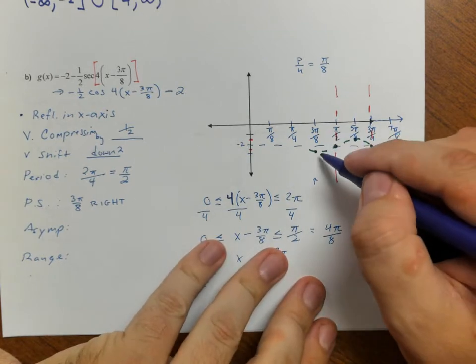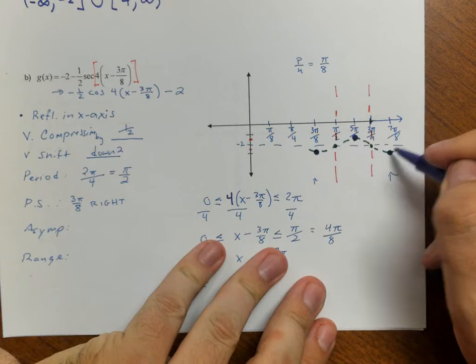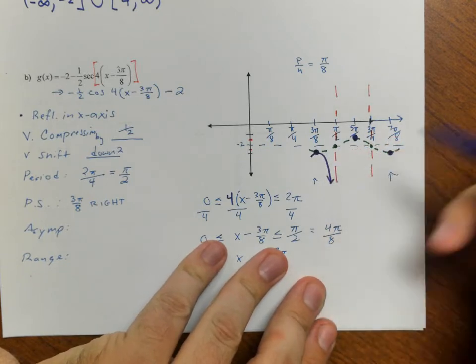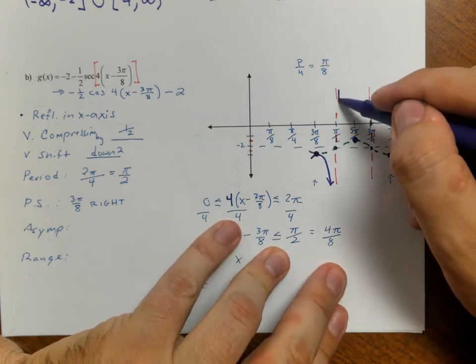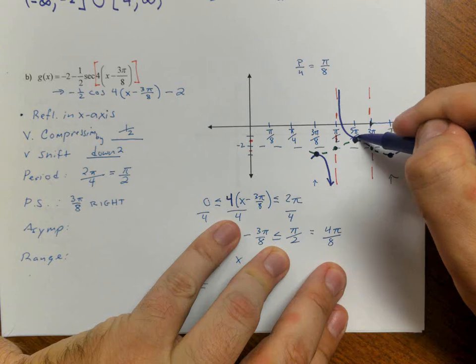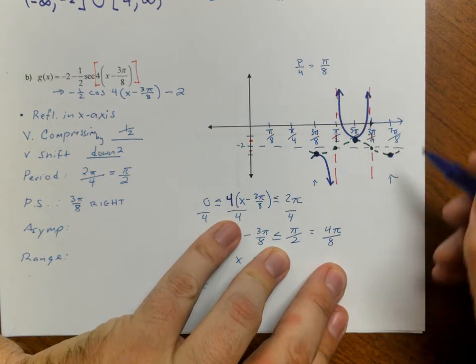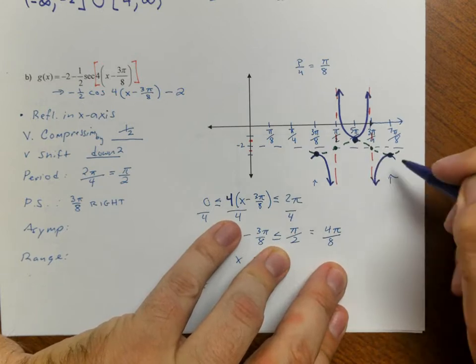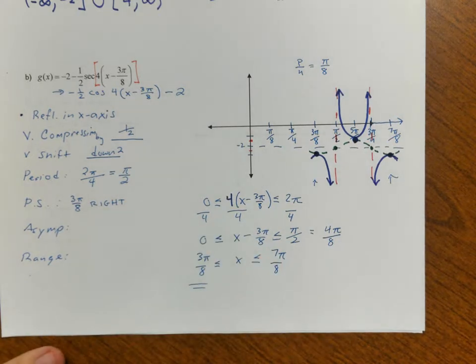To graph the secant, I'll use these other key points. From here I will go down, get close to the asymptote. In the middle I'm going up and squeezing in between these asymptotes. Make sure you're drawing it close to them. Over here I will go down. And that is my secant graph.